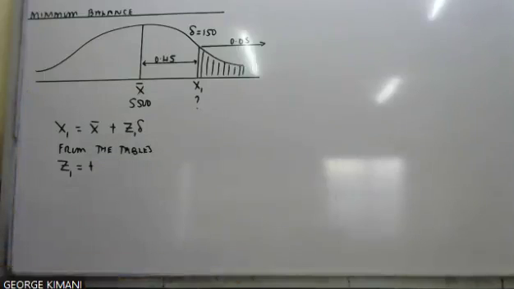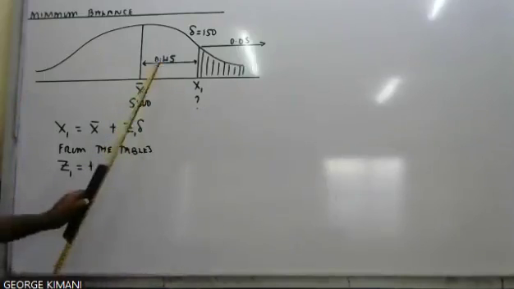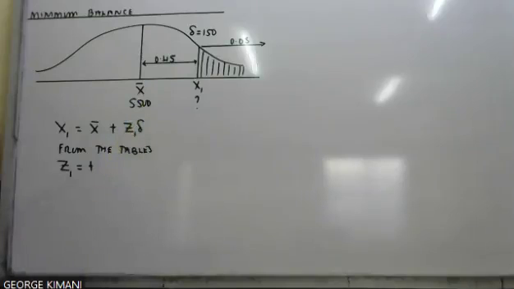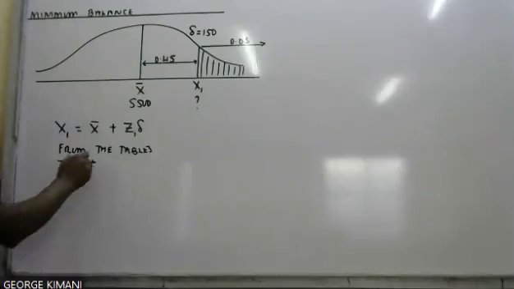You get inside the tables, you look for 0.45. This one is the probability. You may not get it exactly, but the one that is closest. 1.65.